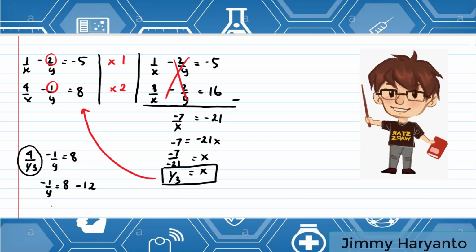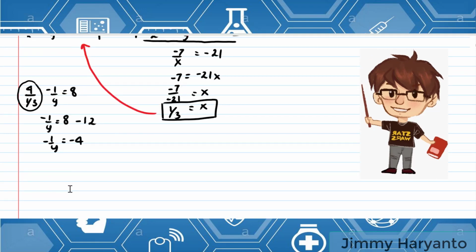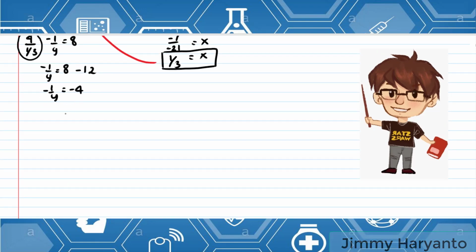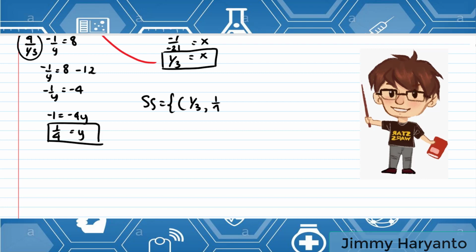So 8 minus 12. Negative 1 over y equals negative 4. Cross multiply it, negative 1 equals negative 4y. And then divide by negative 4, y equals 1 over 4. There you go. We got x and y. So the solution set will be 1 over 3, 1 over 4.